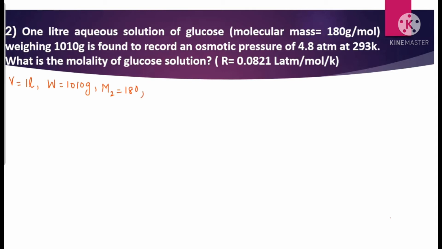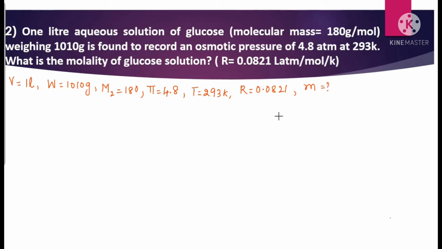Osmotic pressure is also given, pi is equal to 4.8. The temperature given is 293 Kelvin, so T is equal to 293 Kelvin. R is equal to 0.0821, and you are asked to calculate molality, small m.